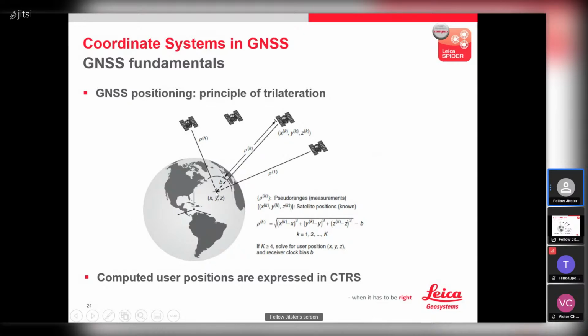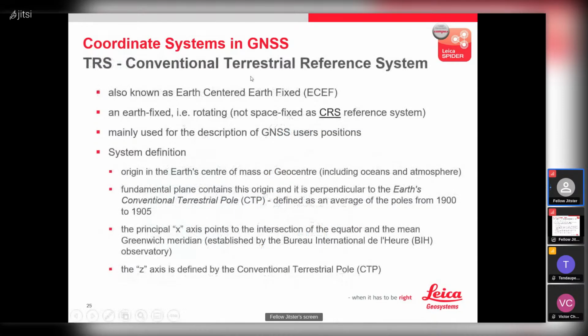And these XYZ coordinates of the receiver are then expressed in these conventional terrestrial reference systems. The conventional terrestrial reference systems are sometimes also called Earth-centered and Earth-fixed, compared to the Earth-centered inertial, which was the celestial system.